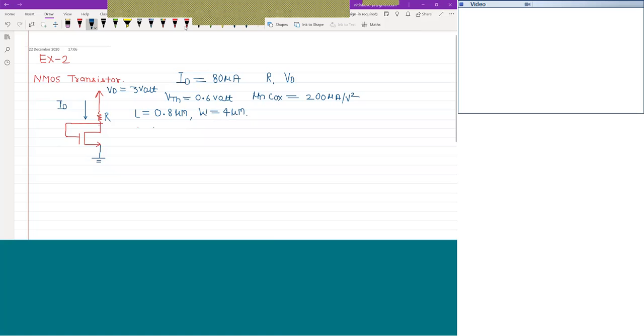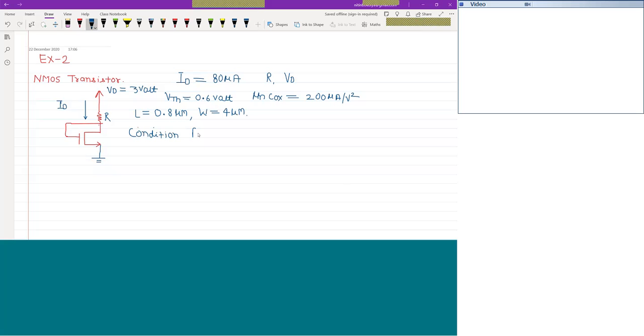Again, to start analysis of this circuit, one more thing to keep in mind: what is the condition for saturation? A transistor needs to satisfy two conditions. If a transistor satisfies these two conditions, you can say your transistor is in saturation.